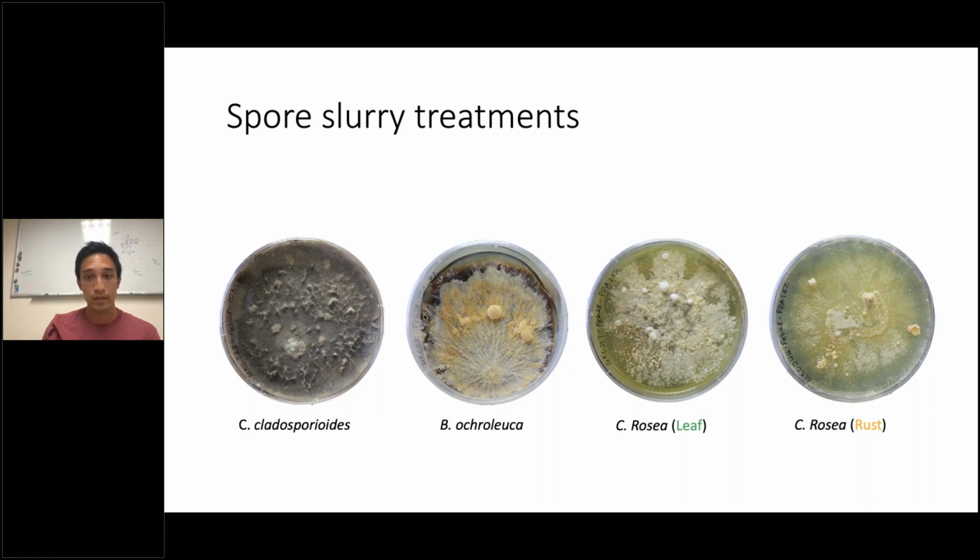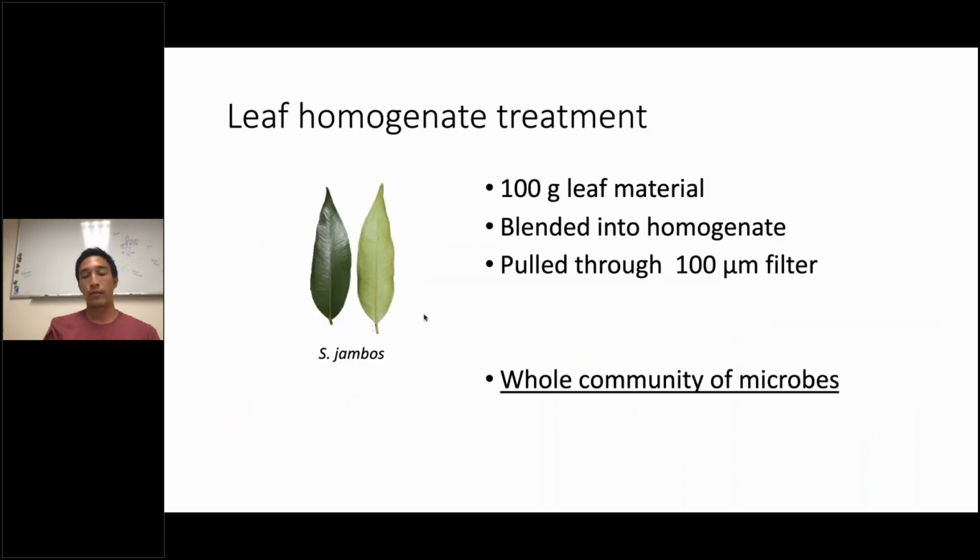So we had four treatments of spore slurries of these fungal taxa. In addition, this was a last minute addition, we decided to include a leaf homogenate treatment as well, with the thought of introducing not just a single taxon, but a whole community of FEF.